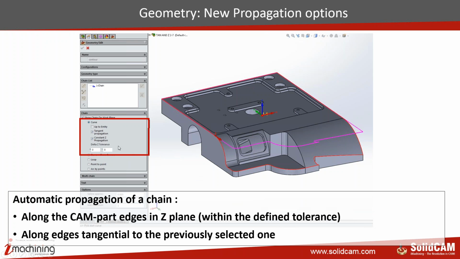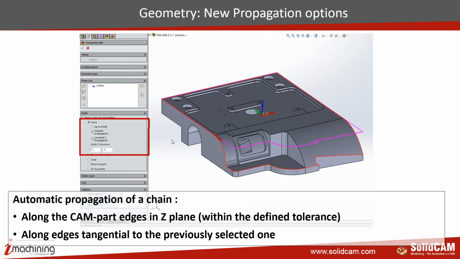We've combined that into our curve option, where our curve option has the option of tangent propagation as well as constant Z propagation. Of course, we also still have the point-to-point, arc by points, but this now has been combined together with our automatic constant Z and propagation, and our delta Z here as well, which goes together with our constant Z propagation.